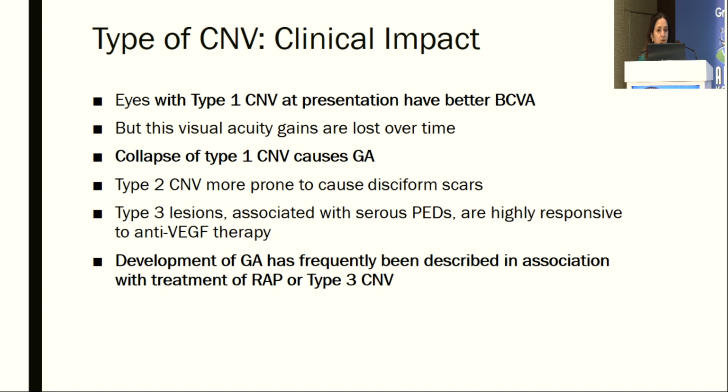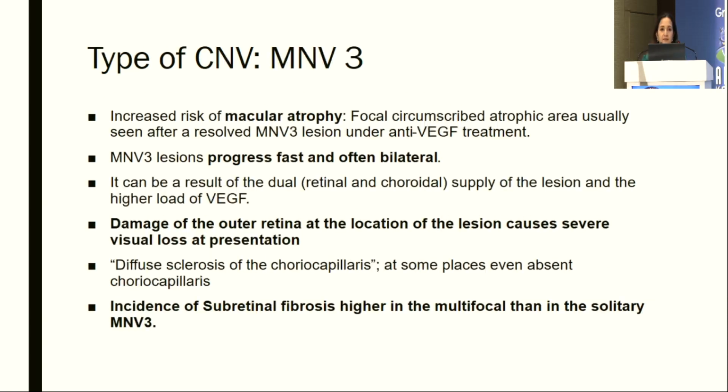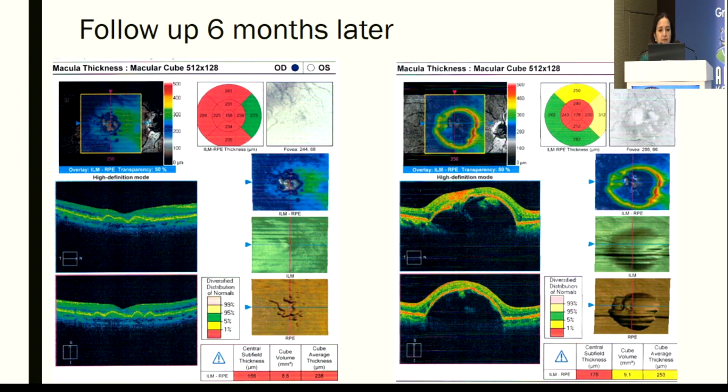Type 1 has better visual acuity, but as you treat, the collapse of type 1 causes geographic atrophy, so the initial benefit may become lesser. Type 3, we all know, progresses very fast and can result in macular atrophy very soon. Just an example: within 6 months, what was just a drusen earlier has progressed to a full blown type 3 MNV.